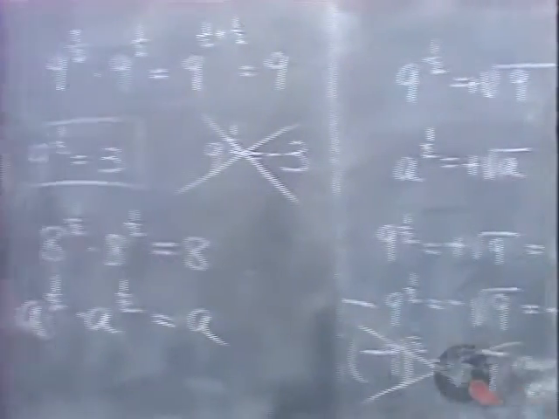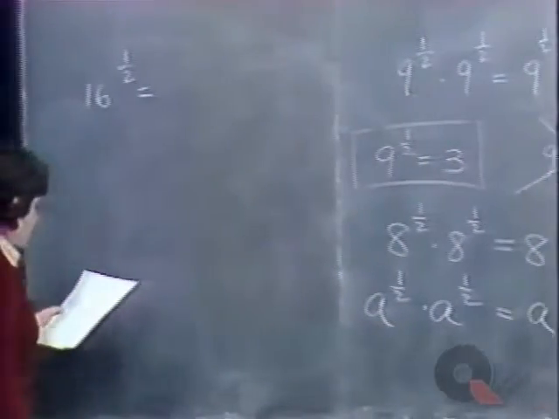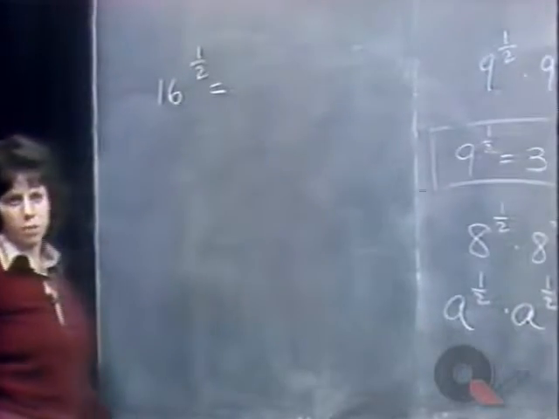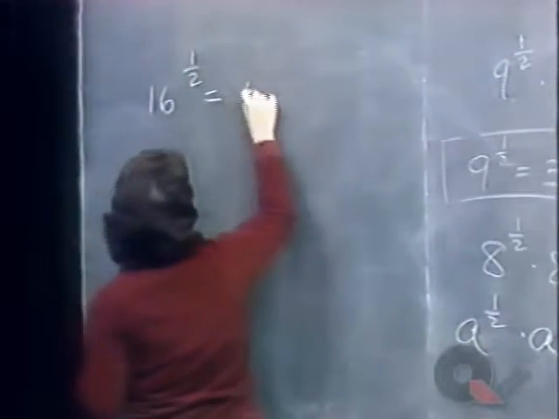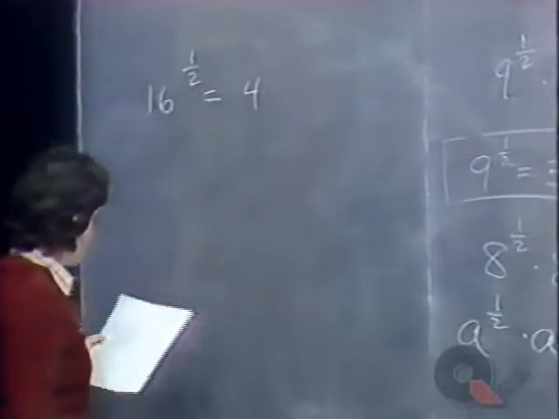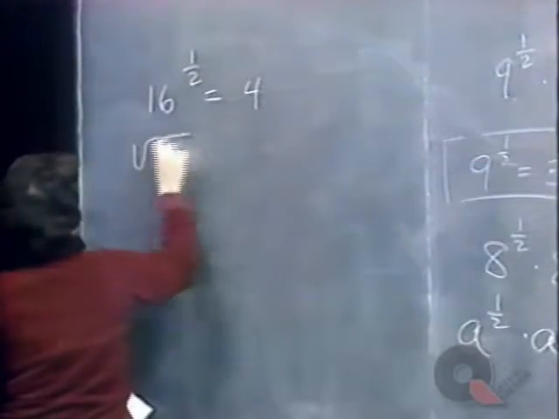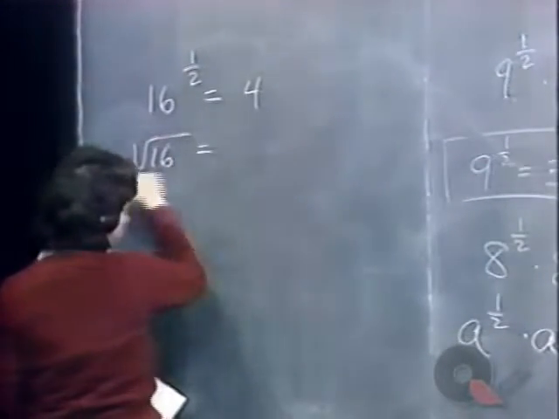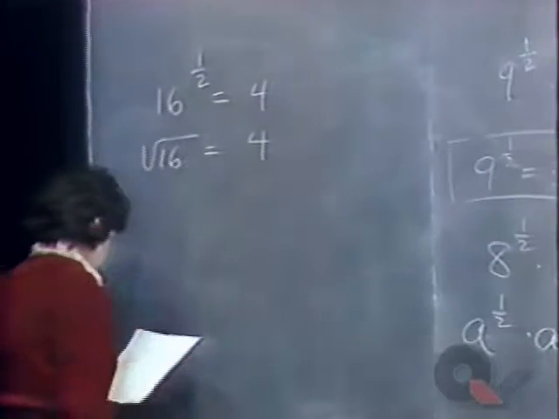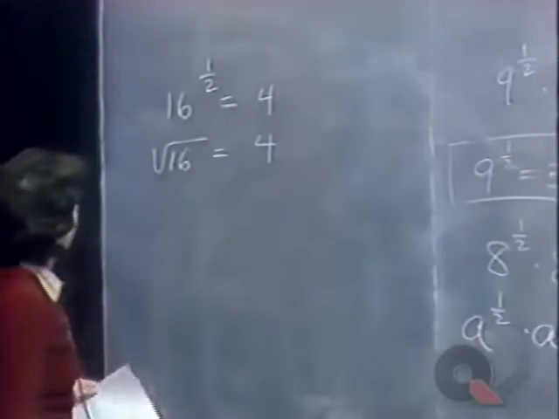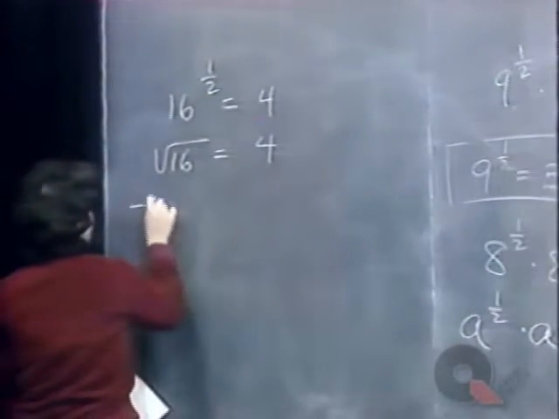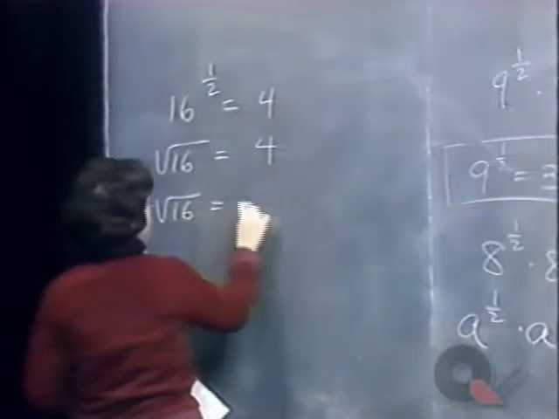16 to the 1/2 power would mean that positive number which, when multiplied by itself, gives us 16, or plus 4. It could also be written as the square root of 16. The positive square root of 16 is plus 4. Okay? If you want the negative square root of 16, that would be minus 4.